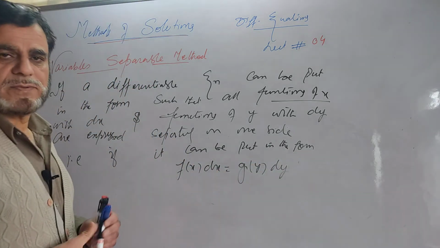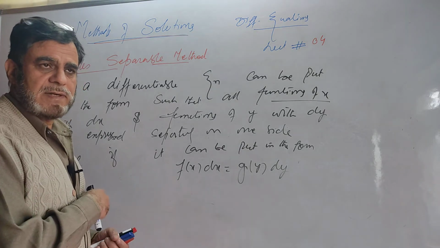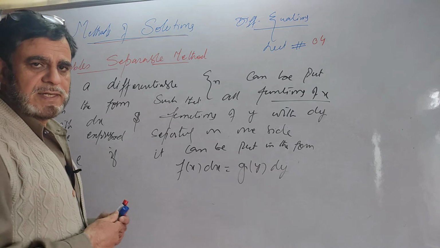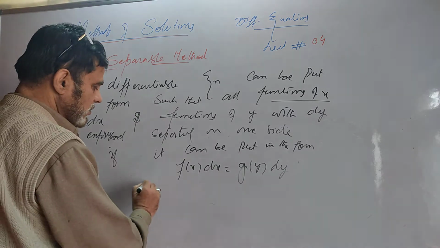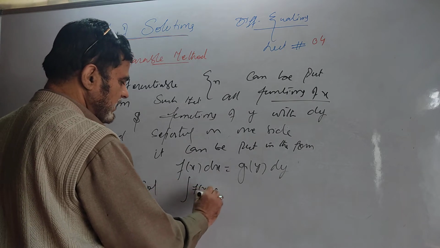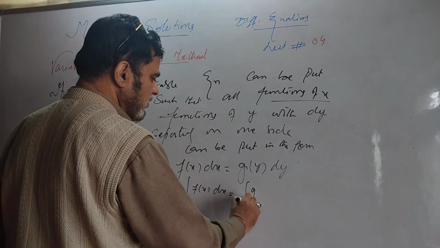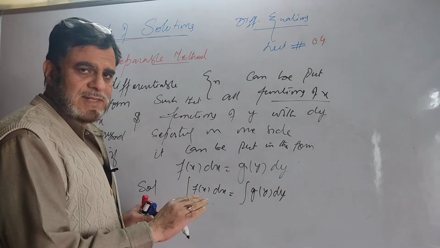We separate the two, function of x with dx on one side and function of y with dy on another side. Then what is the solution? Then the solution will be integral of f(x) dx plus integral of g(y) dy. If we write only this, it is incomplete.